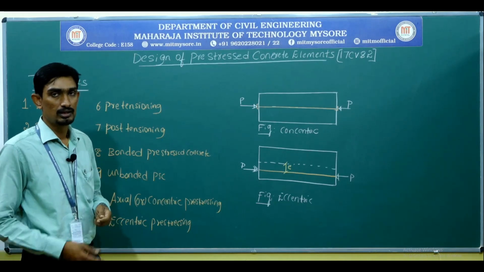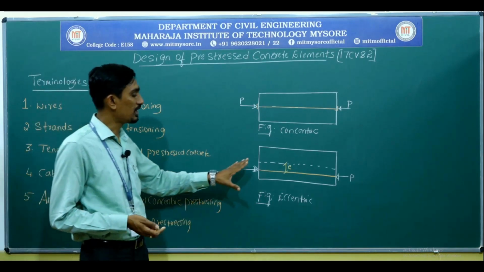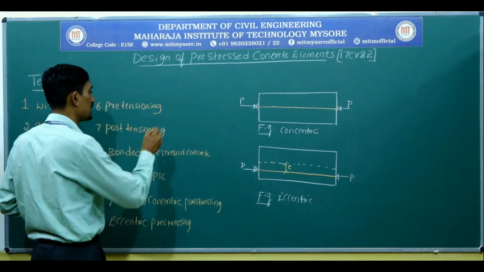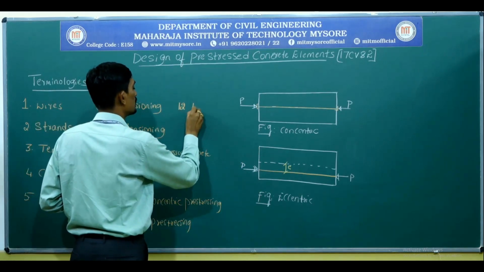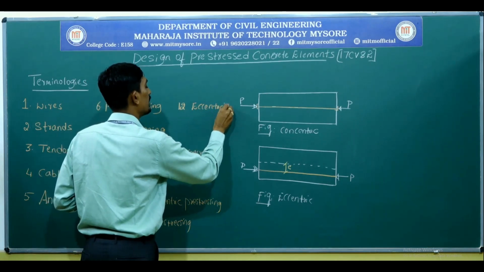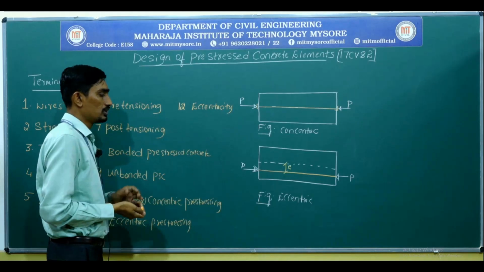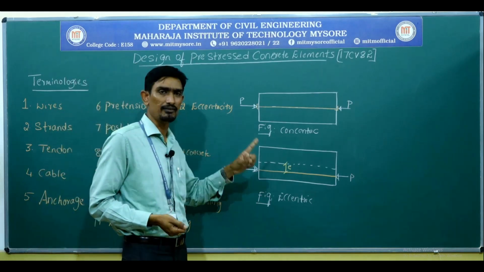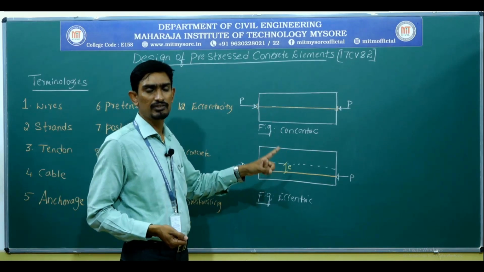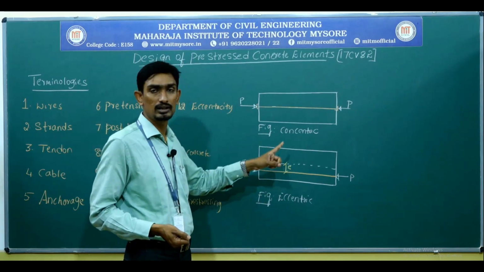Is it clear? Fine. So like this we are going to embed the tendon. One more terminology I should mention here, which is already located over there: eccentricity. Let me define it. It is a very, very important terminology because we always calculate this eccentricity in the problem.